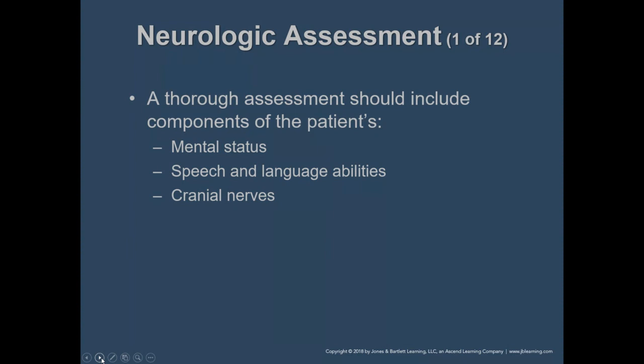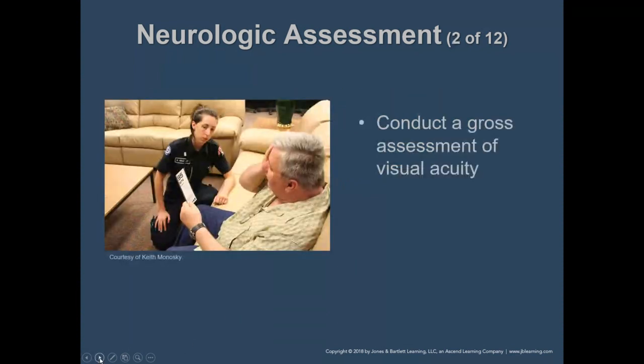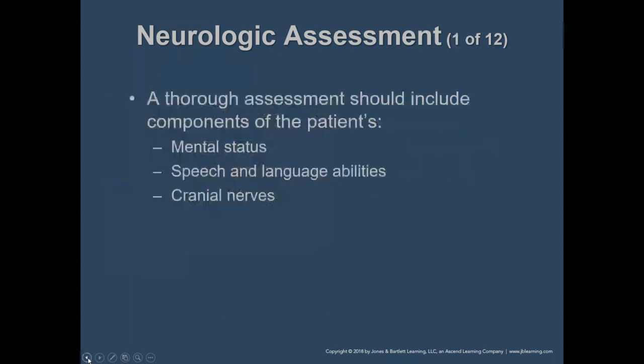See, neurologic assessment can be 101 plus things. Doing the cranial nerves, yes. The push, pull, squeeze, all that stuff, yes. The mental status exam, we're doing that all day, all the time with our patients. Speech and language ability, not just can they pronounce words, but can they follow instructions?